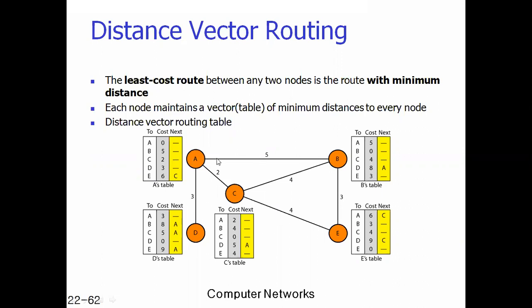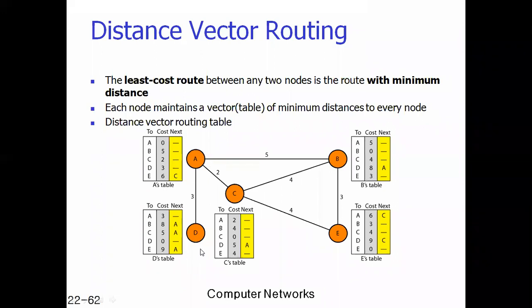The path could be A, B, C, E, which is 5 plus 4 plus 4, or A, B, E, which is 5 plus 3. But why only this path? Because of the minimum cost. If you compare, the minimum value is chosen in a vector table. So each node has its own vector table.